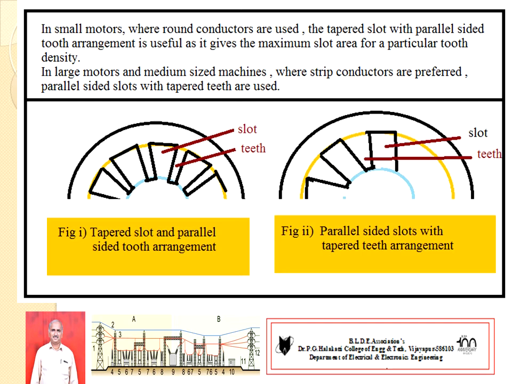Such types of arrangements are used in the design of low rating induction motors, whereas figure number 2 represents a parallel sided slot with tapered teeth arrangement. Such types of arrangements are useful in the design of medium size and large size induction machines.